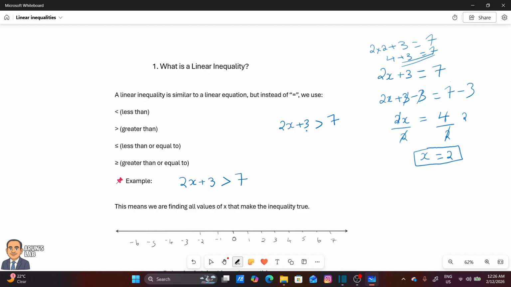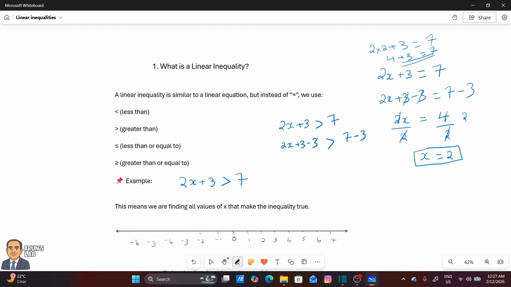Our aim is to isolate x on the left hand side, removing everything else. First we subtract 3 on both sides: 2x plus 3 minus 3 greater than, keeping the symbol the same, 7 minus 3.